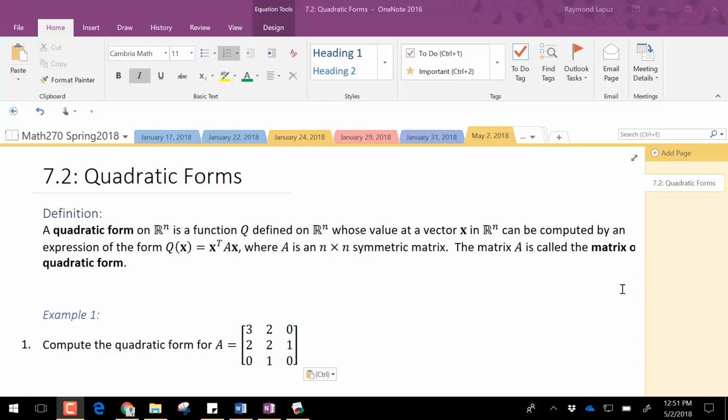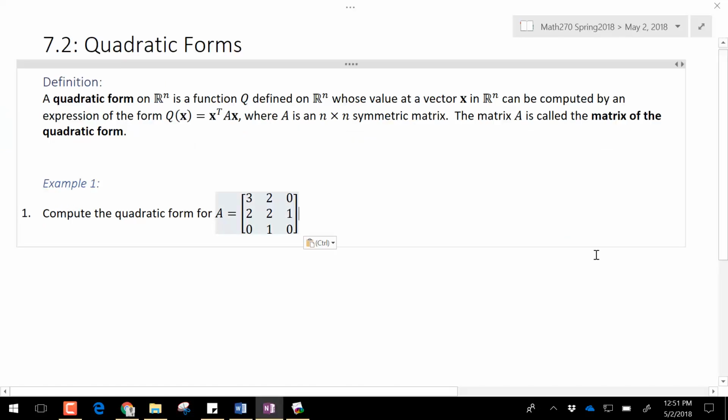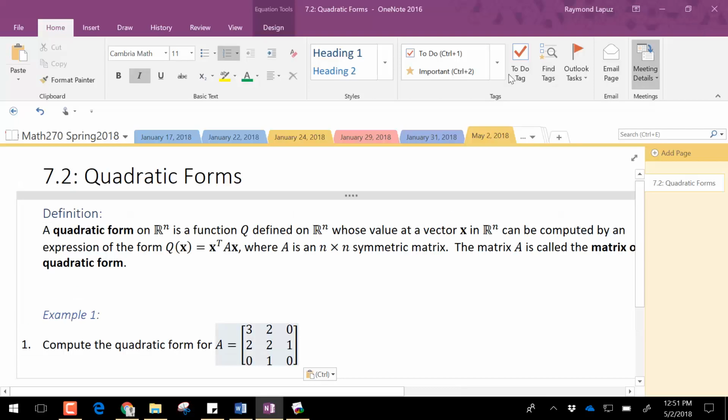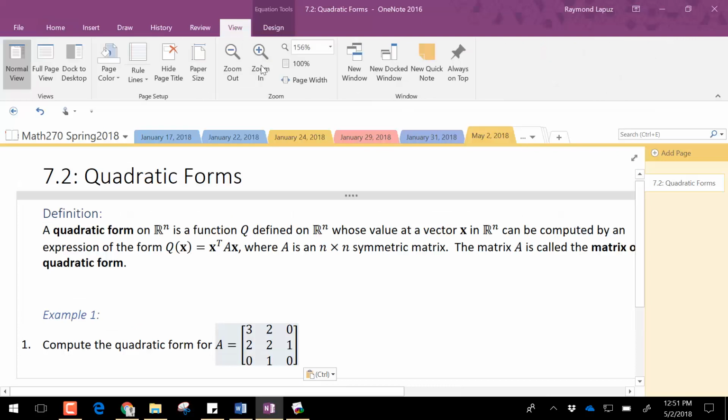And then for this to work out, we need A to be a symmetric matrix. A is called the matrix of the quadratic form.